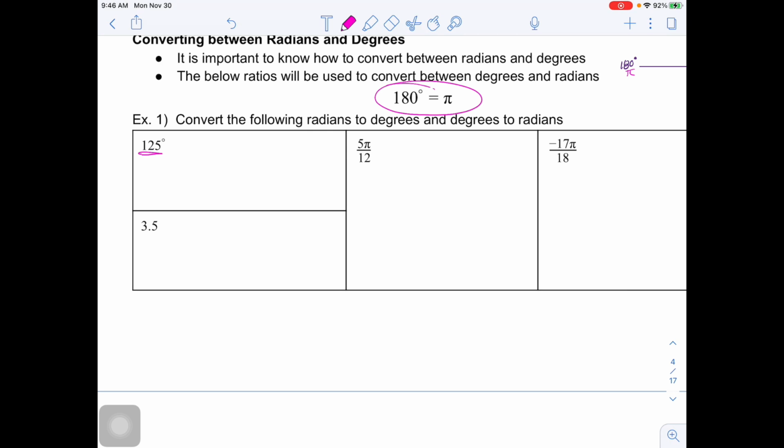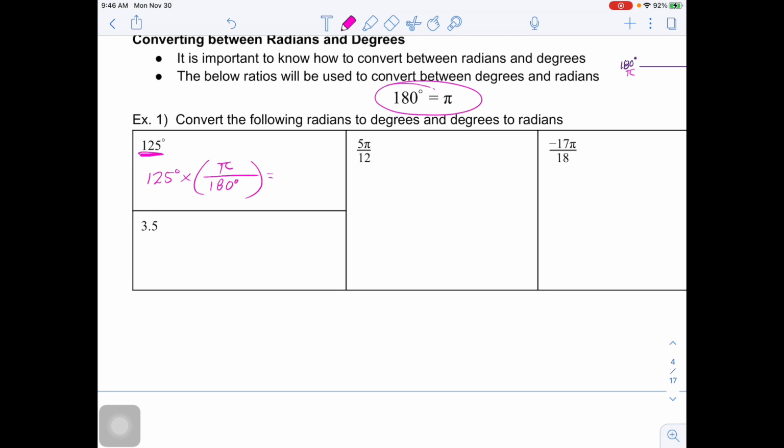So let's start with 125 degrees. What I'm going to do is multiply it by a conversion factor. Now I want my units of degrees to cancel out, so I'm going to put my degrees on the bottom, and then I'll have pi on the top.